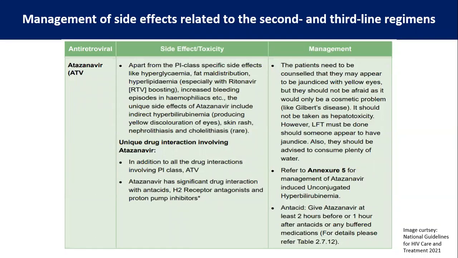Here a reference has been made to Annexure 5 for management of atazanavir-induced unconjugated hyperbilirubinemia in the national guideline. In case of antacid, we need to give atazanavir at least 2 hours before or 1 hour after the antacid or any buffered medication.